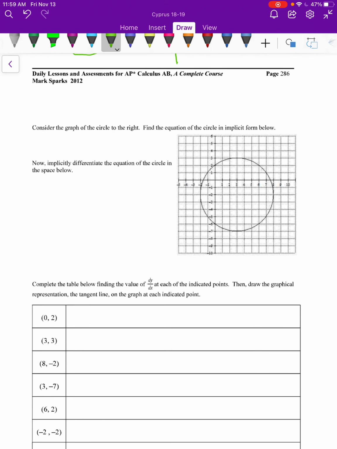If you don't remember, the equation of a circle is (x minus h) squared plus (y minus k) squared equals r squared, and the point (h, k) is the center of that circle.